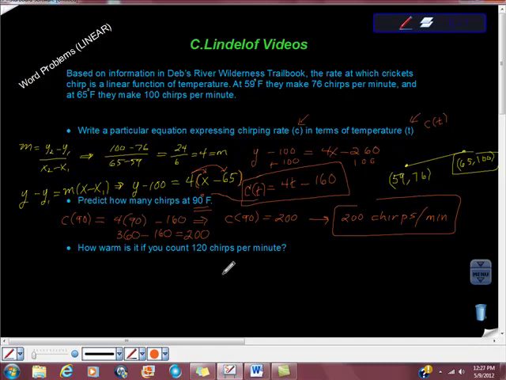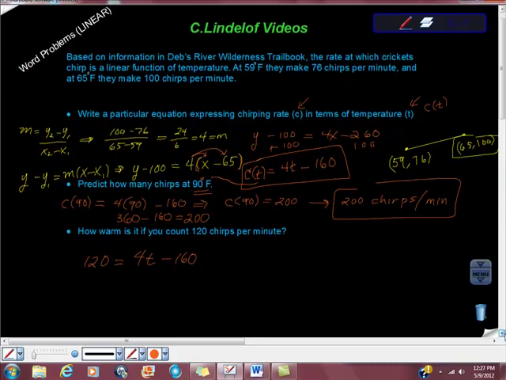It says, how warm is it if you get 120 chirps? So the number of chirps, now you're going to set this equal to 120 is equal to 4t minus 160.